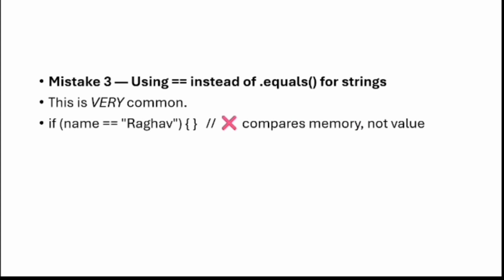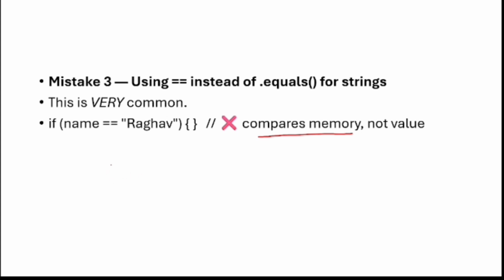Next, using == instead of .equals. This is also one of the common mistakes people commit. If you write ==, it will compare the memory references, not the string value.